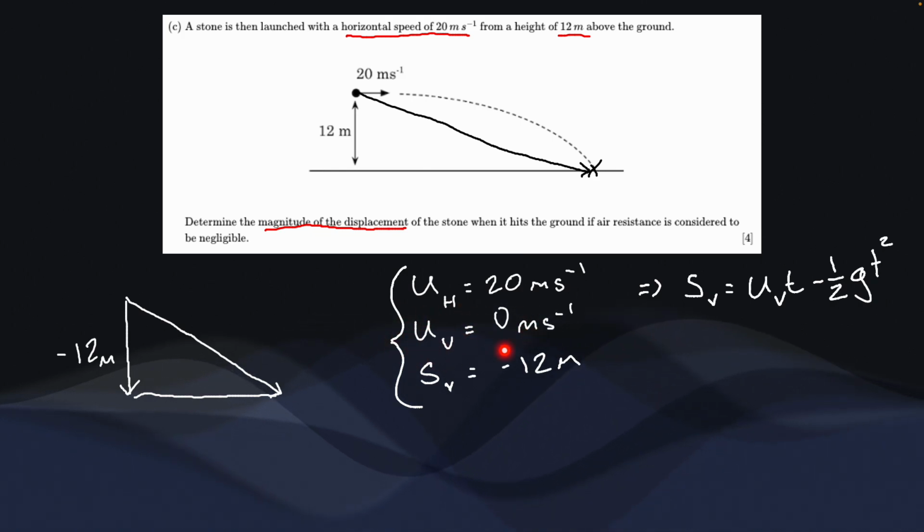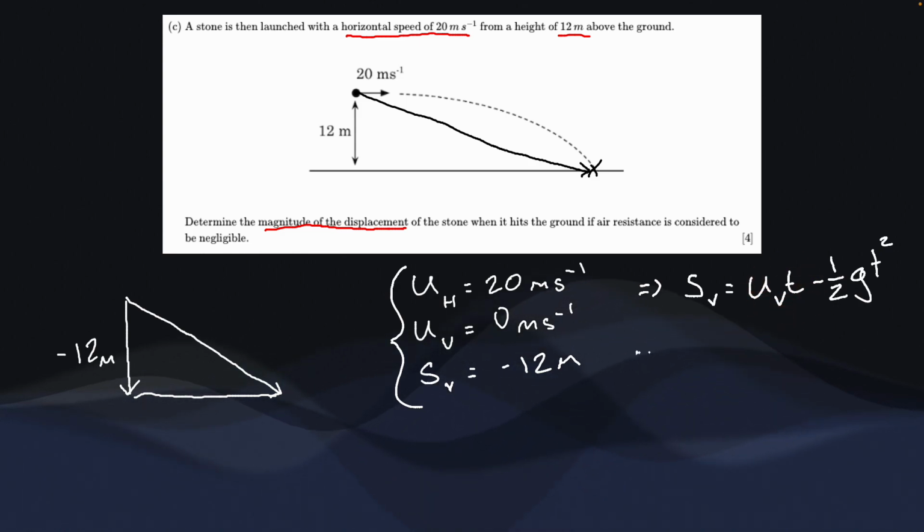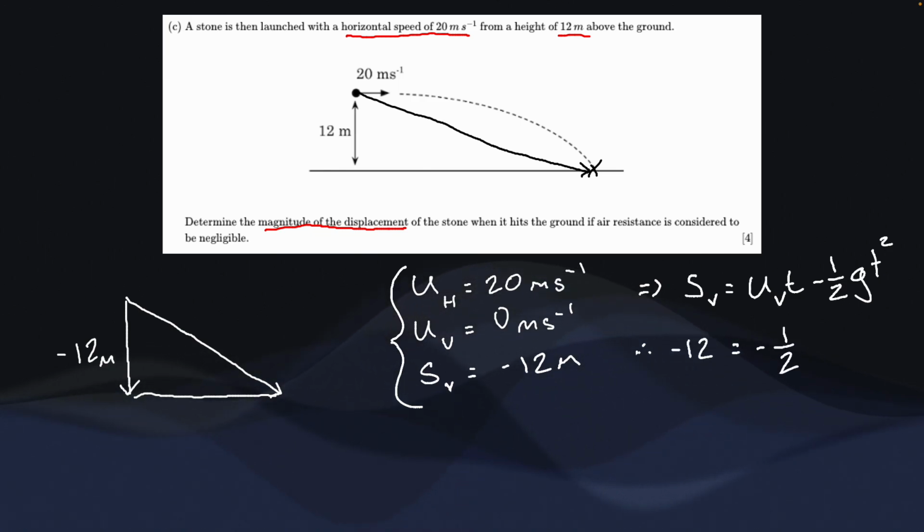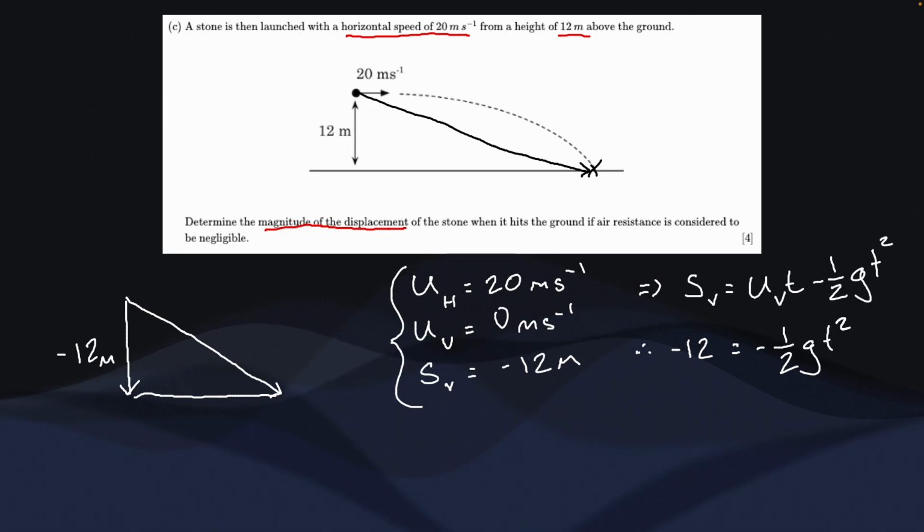U of V is 0 meters per second, so 0 times time is just going to be 0. So therefore, we can say that negative 12 is equal to negative half GT squared. There you go. And now with two negatives, we can just cancel things out and then rearrange.